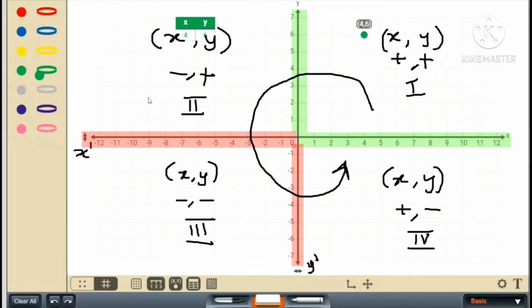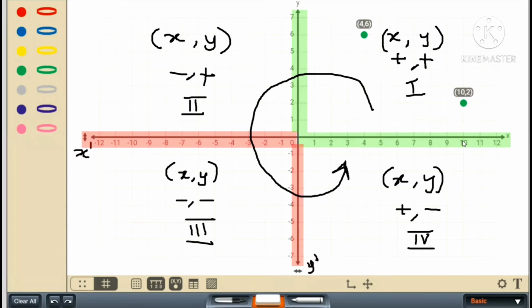Let's plot points in the first quadrant. I have plotted a few points. Here it is 4 in x, 6 in y. That's why the point is called 4, 6.